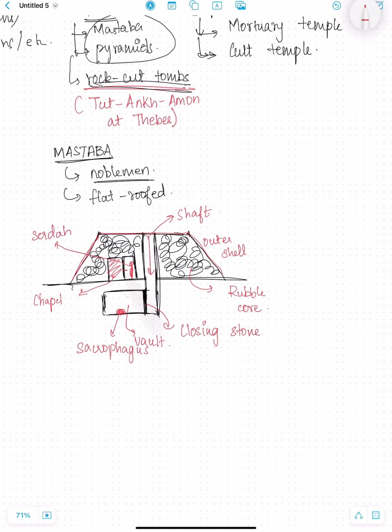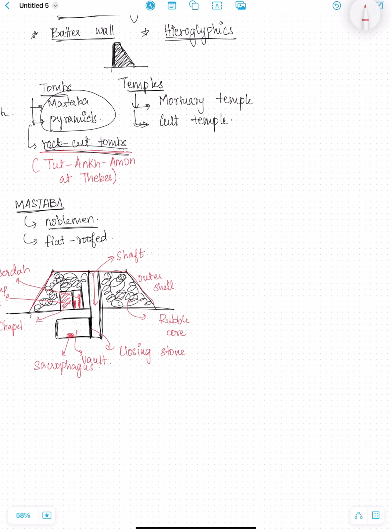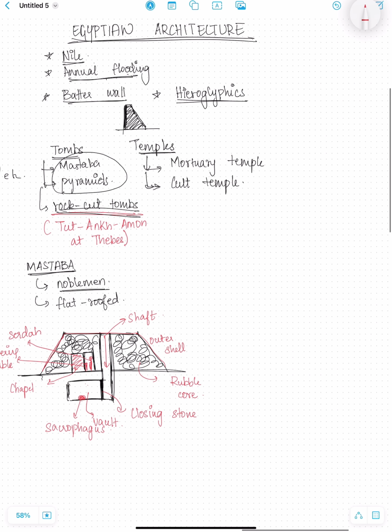They had a small table kind of structure here where food was placed. It was the offering table or offering chamber. So this is the mastaba. And next we'll move into pyramids.